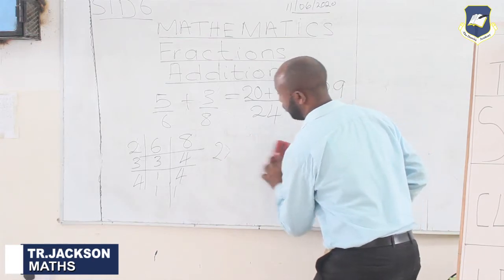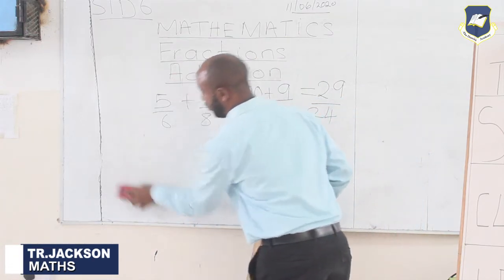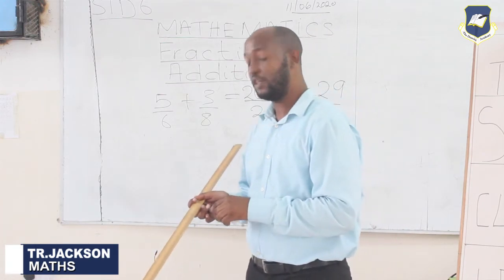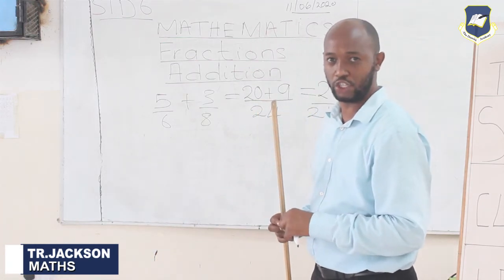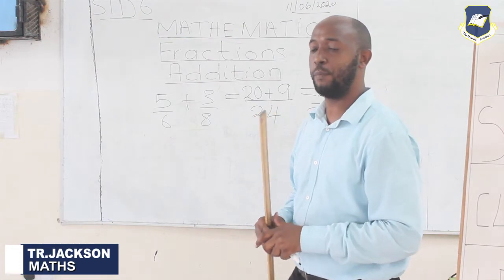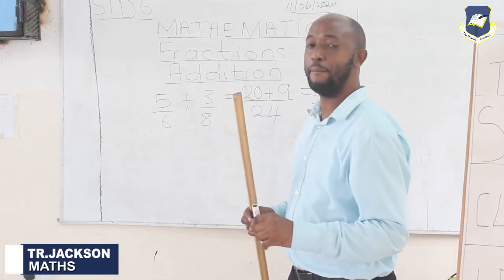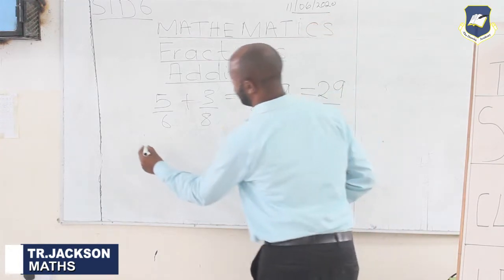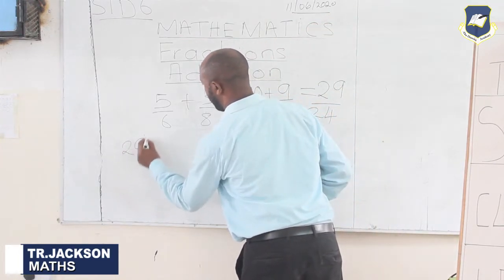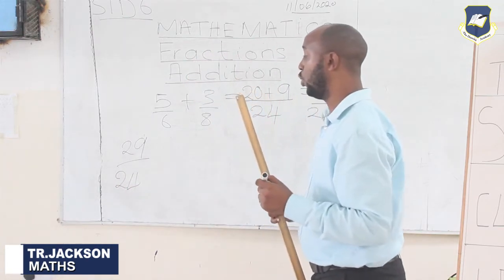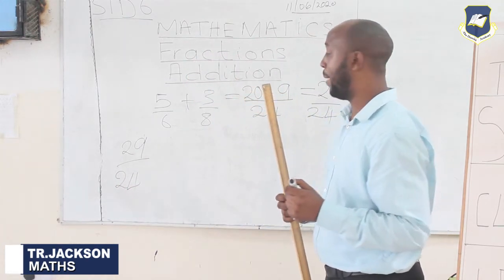That fraction, 29 over 24, is an improper fraction. So we are supposed to change it into a mixed fraction. Change it into a mixed fraction by dividing.